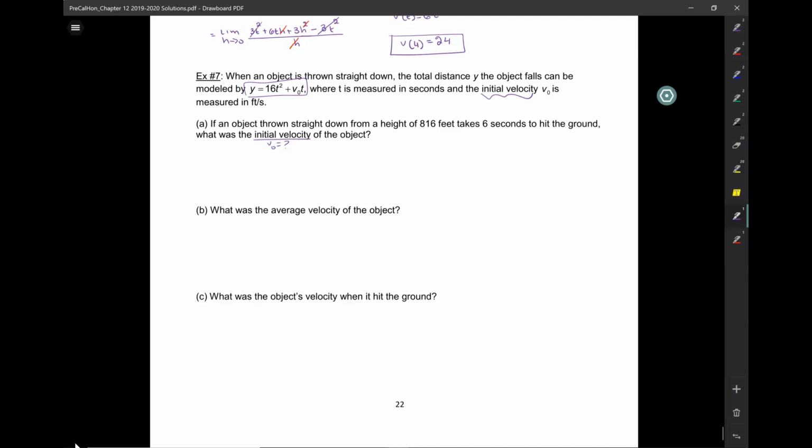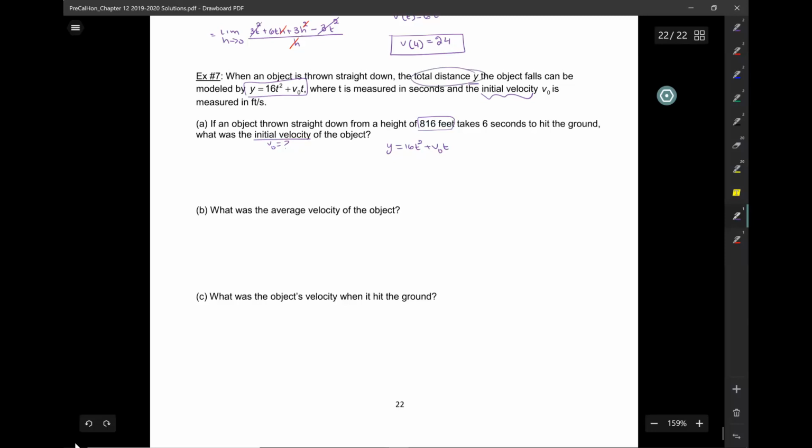And the object was thrown straight down from a height of 816 feet, right? So that is the position, the distance that it traveled. Now I have y equals 16t squared plus v naught t. Remember what y is?